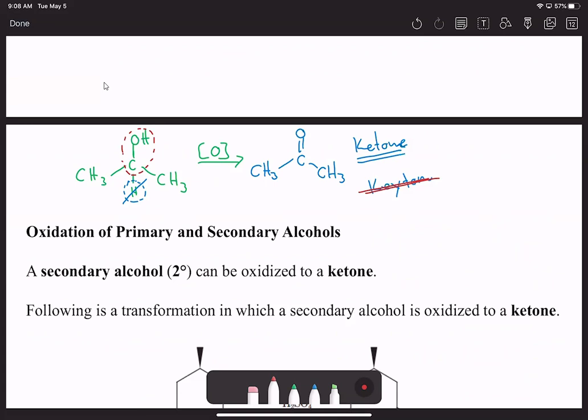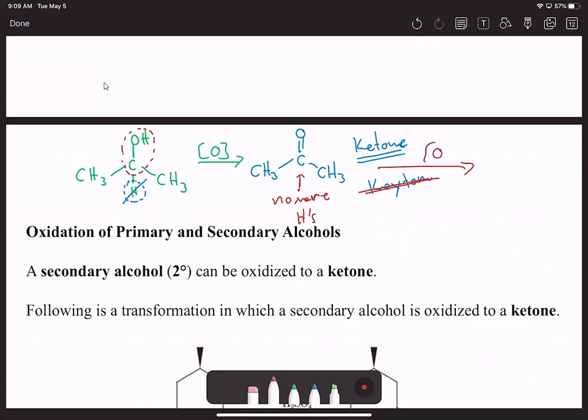And if we notice also, there are no more hydrogens on that particular carbon anymore. The carbon that had the alcohol group initially has no more hydrogens.